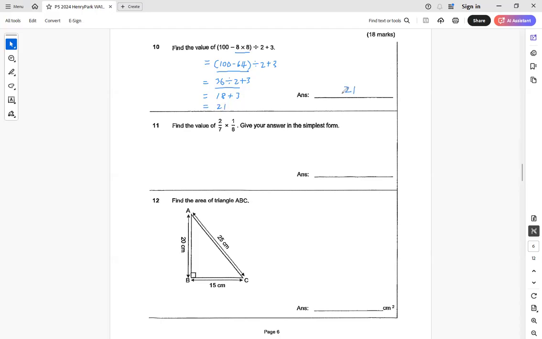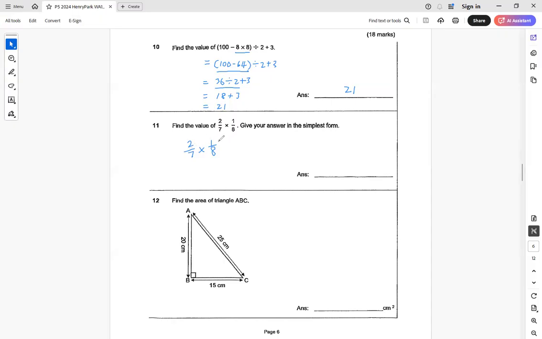Okay, question 11. We need to find the value of 2 over 7 times 1 over 8. When you have to do fraction times fraction, make sure you check whether you can simplify the diagonals first.